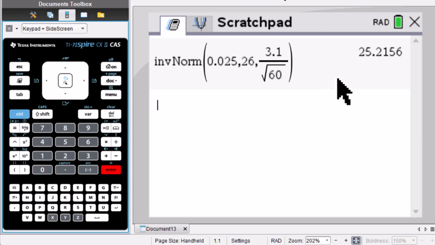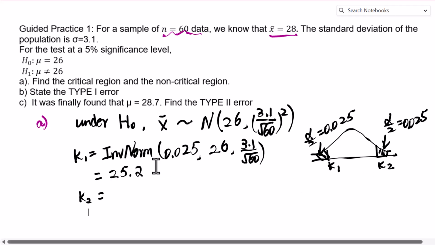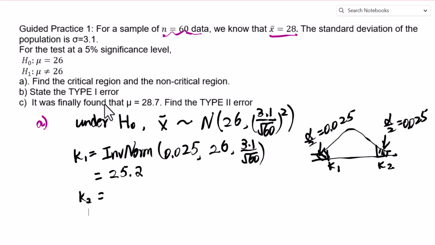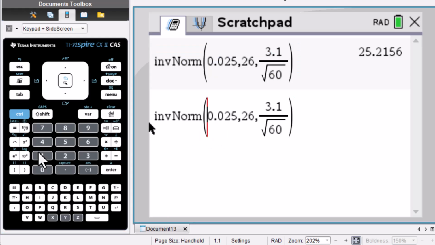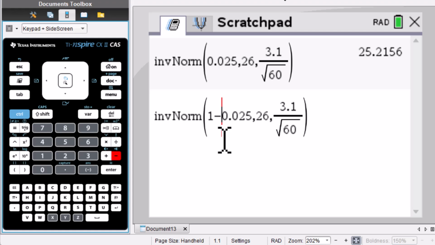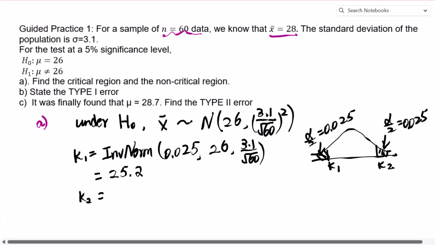Answer is 25.2. K2 equals inverse norm, the area will be 1 minus 0.025. Answer is 26.8.